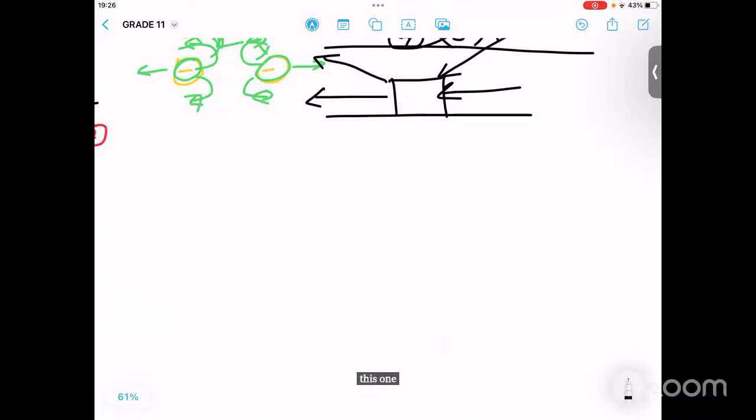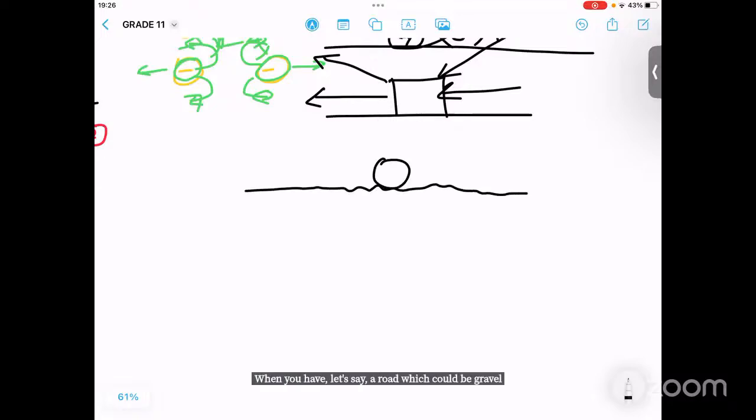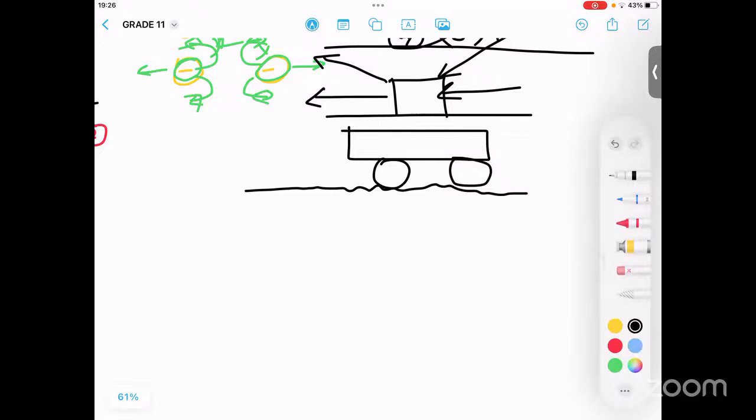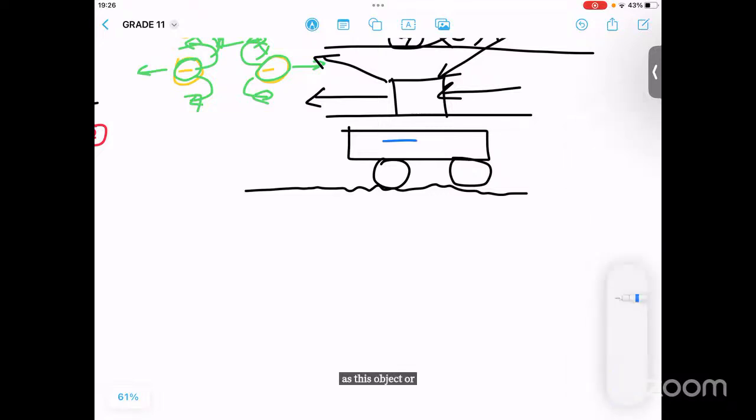When you have, let's say, a road which could be gravel, and these are the wheels of your dream car. As the car is moving in that direction, there is a friction between the wheels and the gravel road.